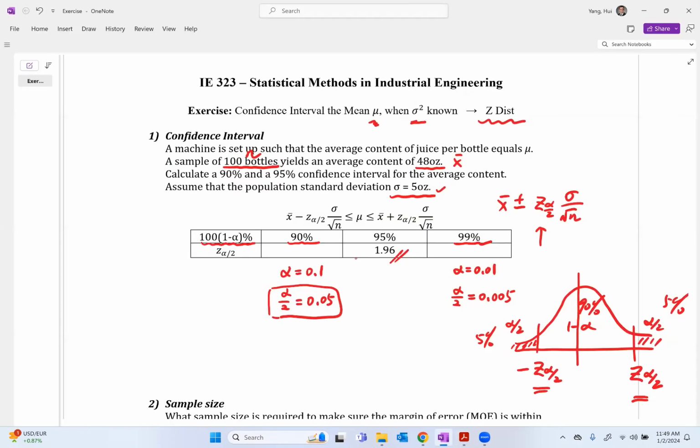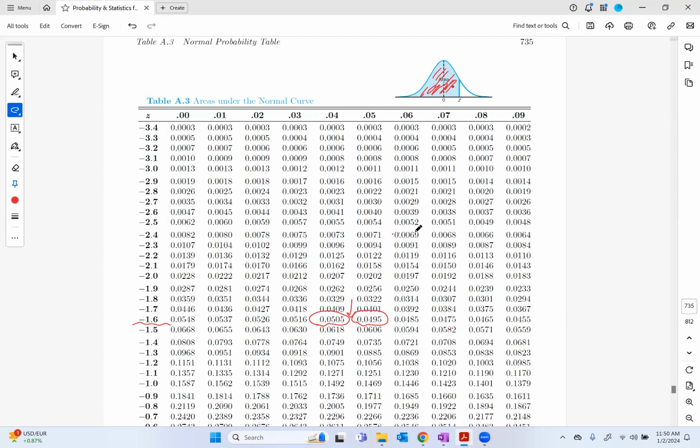Let's go back. This location will be 1.645. In other words, if this location is minus 1.645, this area will be 5%. Everything inside the table is the area under the curve, and this is a left-tailed area.